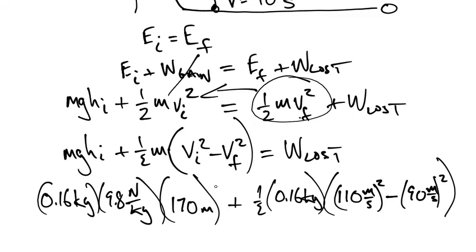Well, we've got our trusty RPN calculator here. So let's go 0.16, enter, 9.8 times. Let me try that again. 0.16, enter, 9.8 times, 170 times.